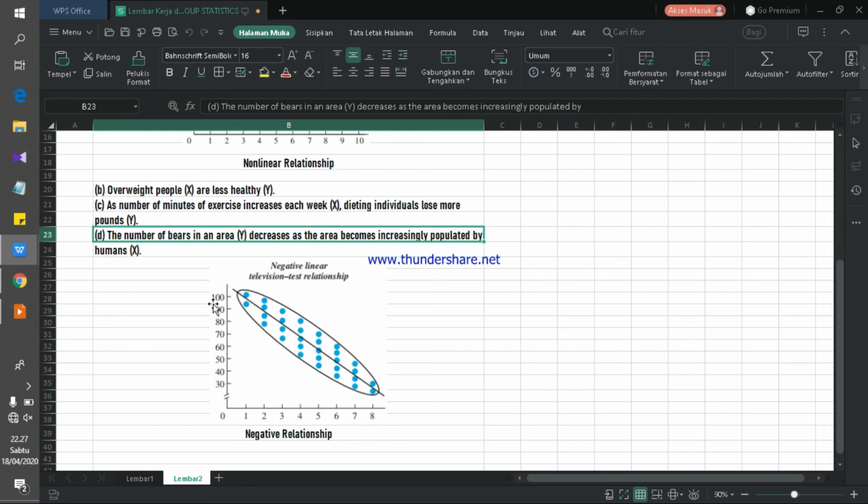For example, when there are 100 bears, just one person inhabits that area.